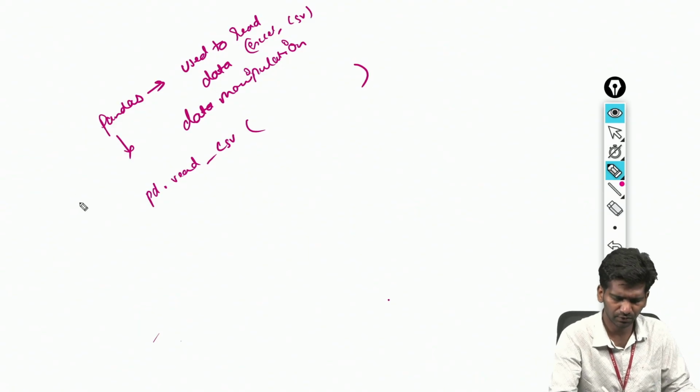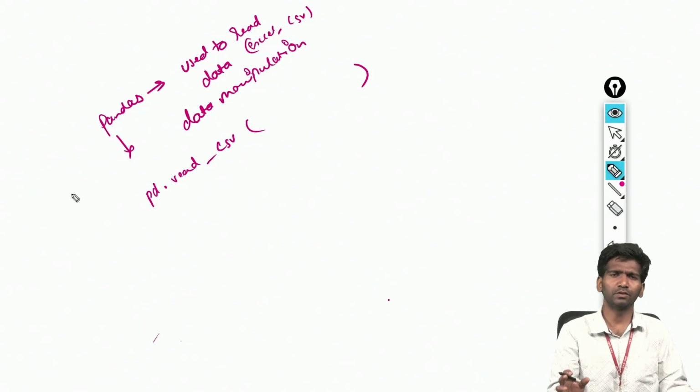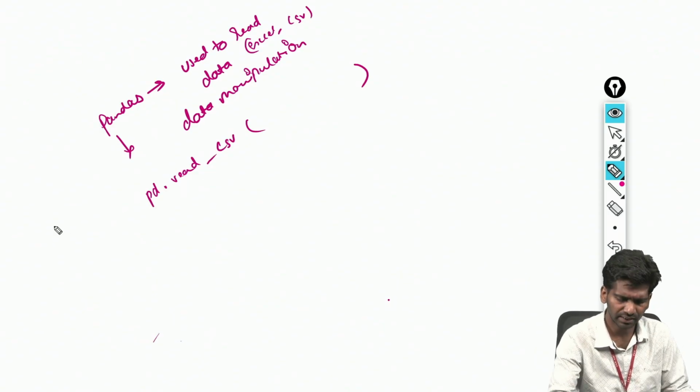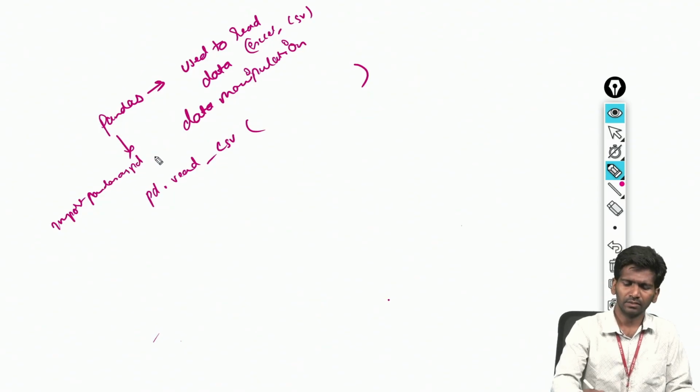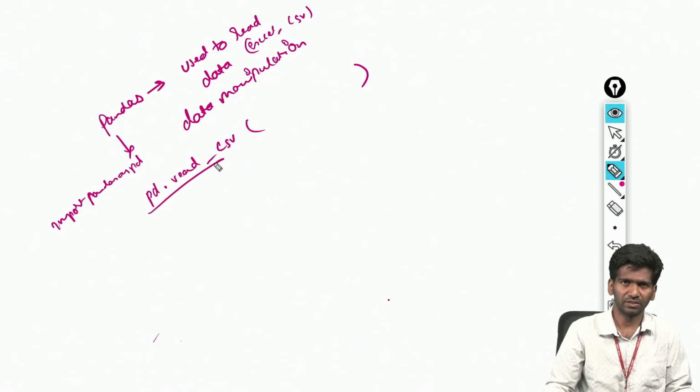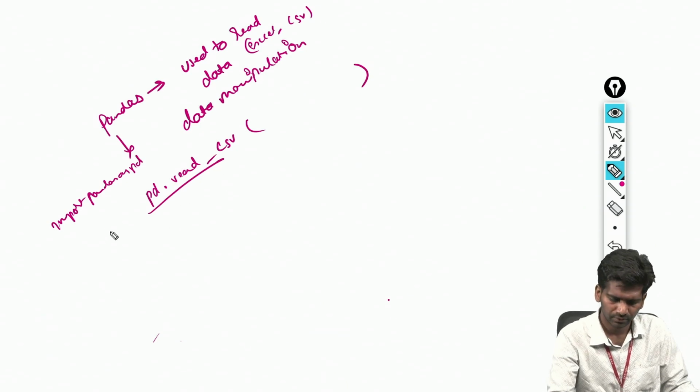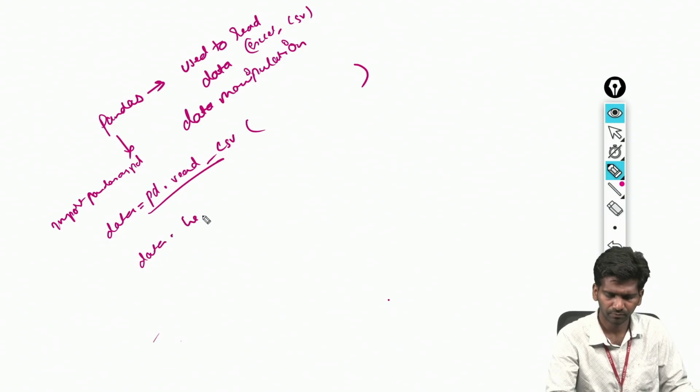First we need to install, similarly to NumPy: pip install pandas. Then import pandas as pd, and then start applying these functions. First read the data, put it in one variable, then data.head.